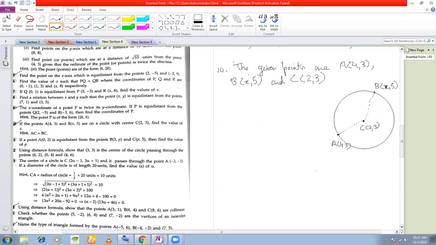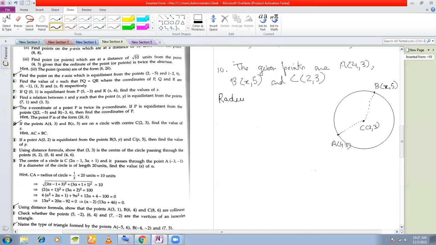And the distance BC is also a radius of the circle. The two radii must be equal, AC must be equal to BC, then we can find out the value of x very easily, right? So let's find out the radius of the circle.